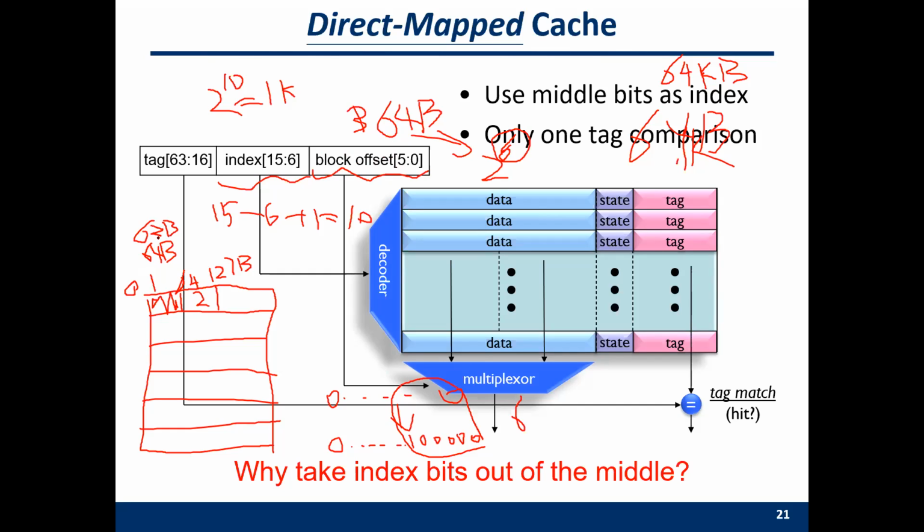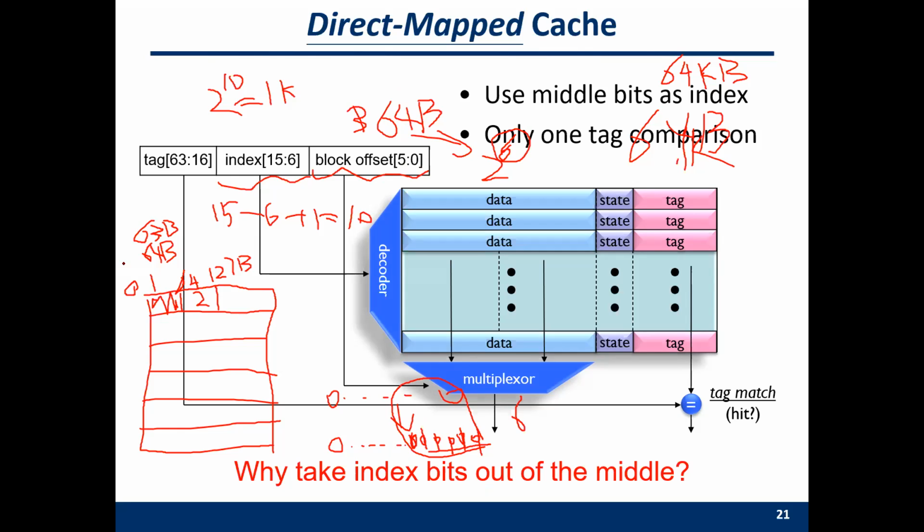It's from all 0 to 63 bytes. All here are 1. So your first block is from all 0 to five 1s. Based on these address patterns, we can see that only the last 6 bits actually changed. This is the reason why we select the last several bits as the block offset, because they are consecutively stored.